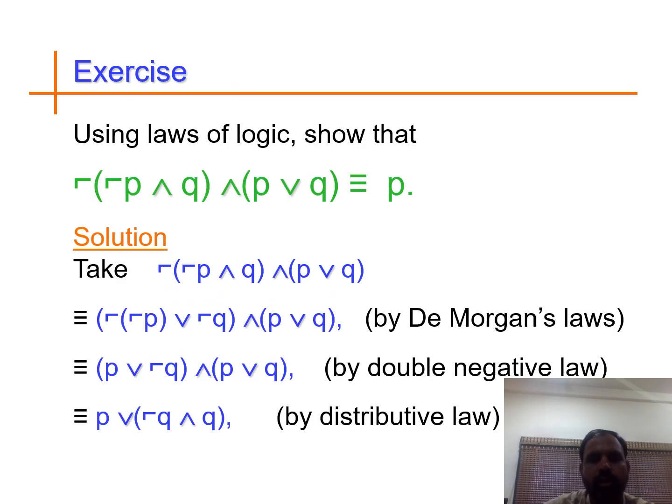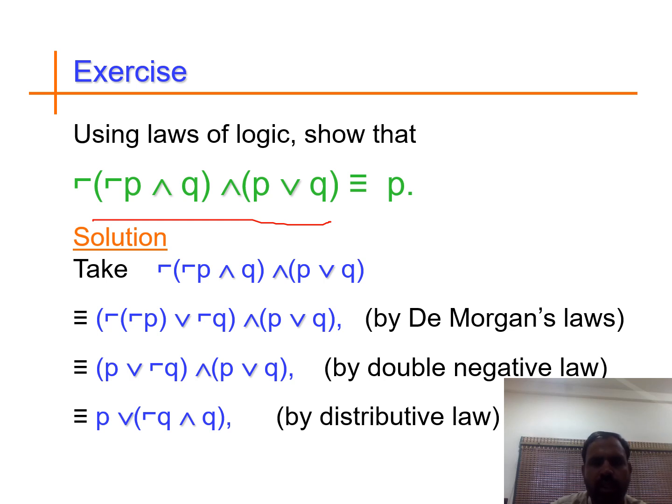This is the exercise using laws of logic. Show that negation of P and Q, and P or Q is equivalent to P. We have to prove this by using laws of logic. We take the left hand side, it will be equivalent to negation of P or negation of Q, and P or Q. We use De Morgan's laws.